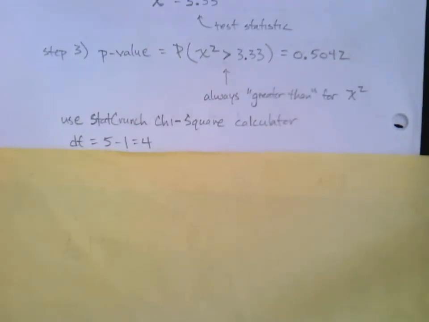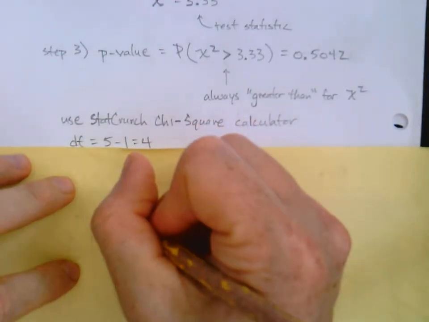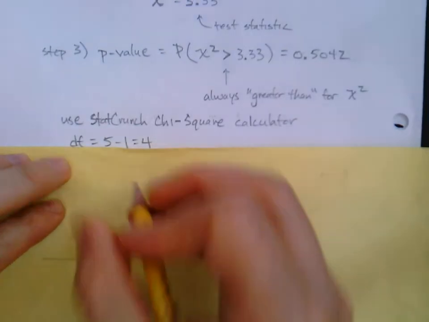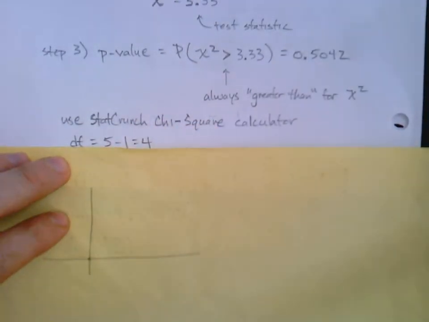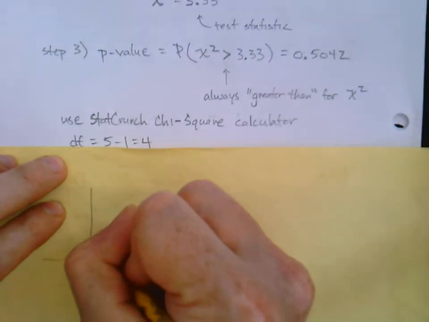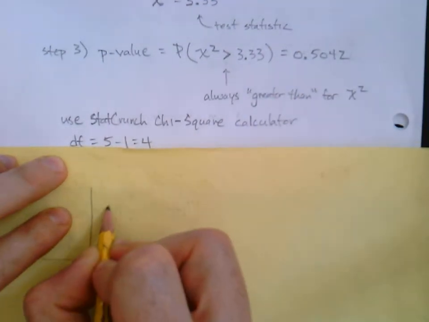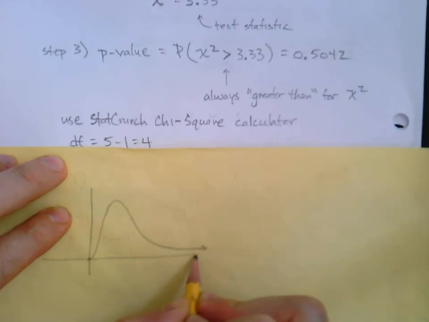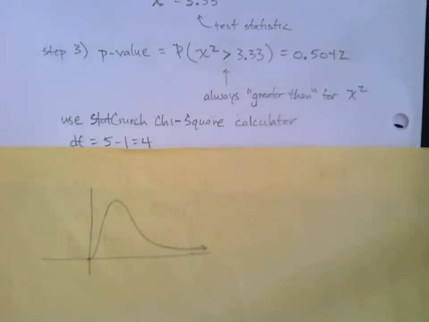And now you can see the look of the chi-square. I'm not going to show you my screen or anything like that. But the chi-square, right, it starts at 0, and then it's got kind of a bell curve look to it, but it shoots up really high, and then it sort of drops and trails off this way, right? So it goes infinitely far in the positive direction, but it never goes negative.